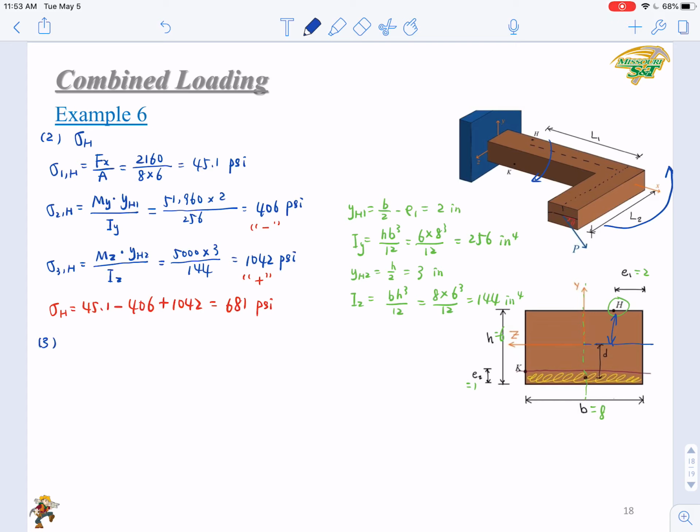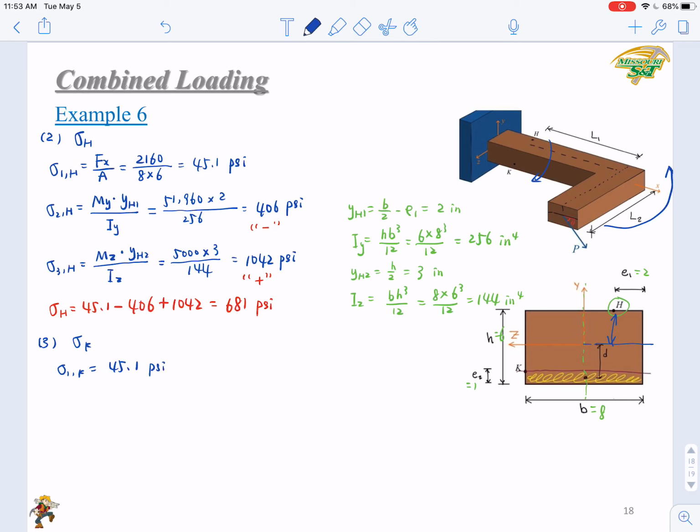So the third step, we will examine the normal stress at point K. You just follow the same procedure to find out that the first component at point K will be the same as at point H. This is just a normal stress due to axial loading. It will be 45.1.